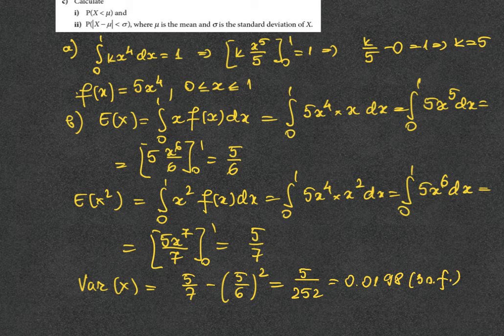However, you know that in order to get your final answer correct to 3 significant figures, if you want to work with decimals, you are going to take at least 4 significant figures. So 0.01984, that's my working answer. However, my final answer for this question is going to be this one.